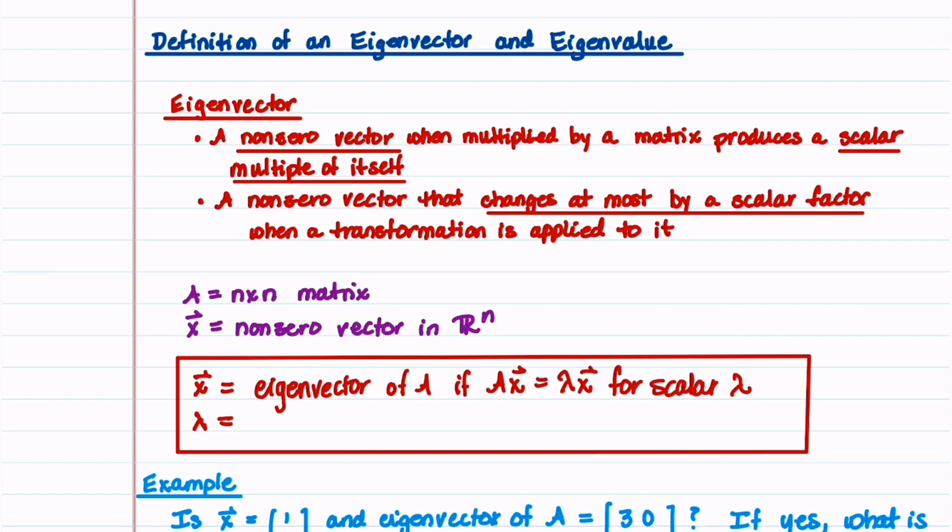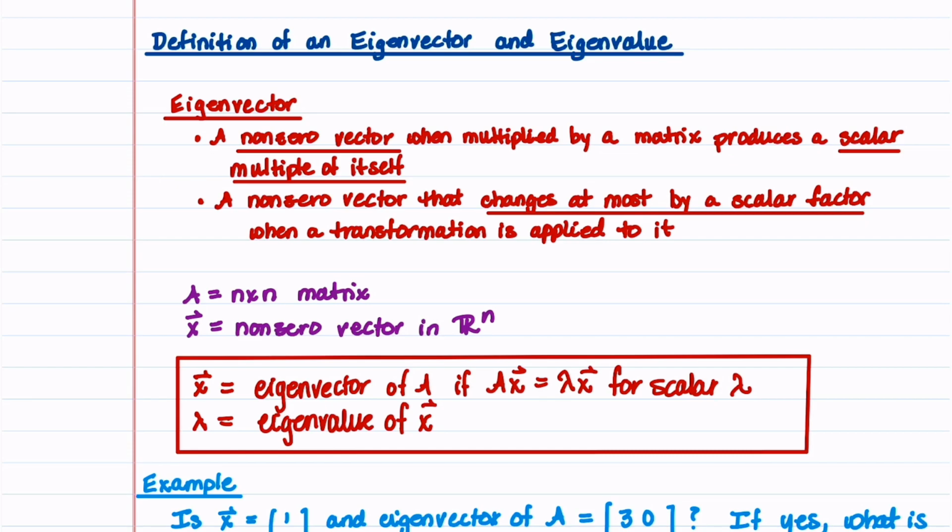So that's the definition of our eigenvector. And then we would say that lambda is an eigenvalue of x. So if Ax is equal to lambda x, and lambda is a scalar, then x is an eigenvector, and lambda is an eigenvalue.